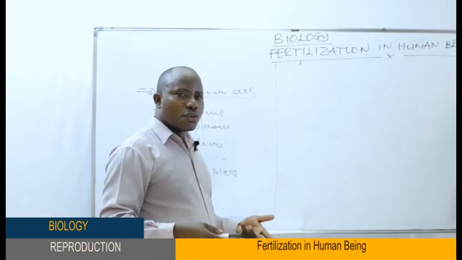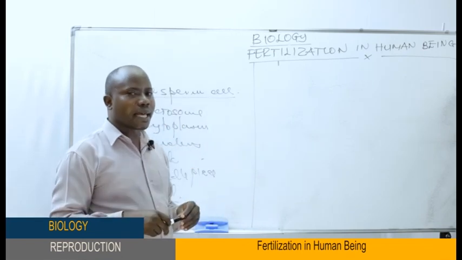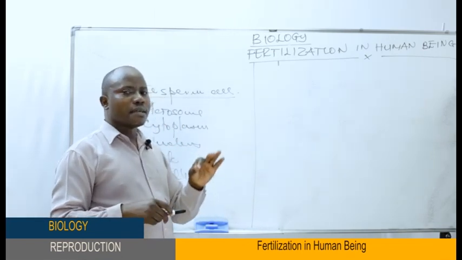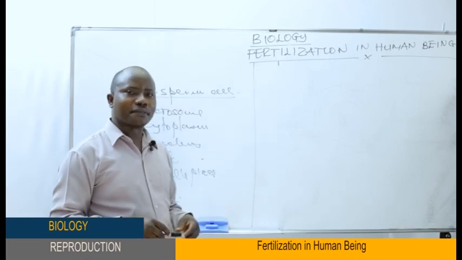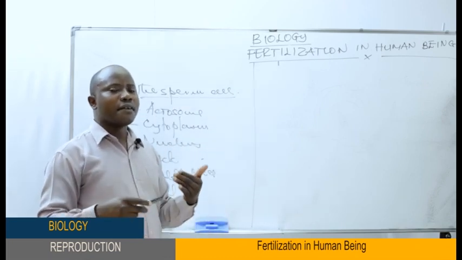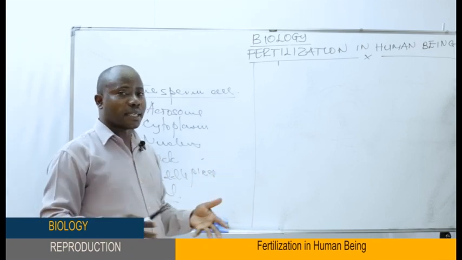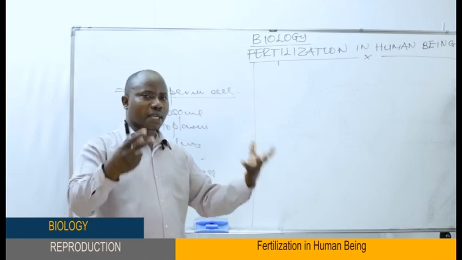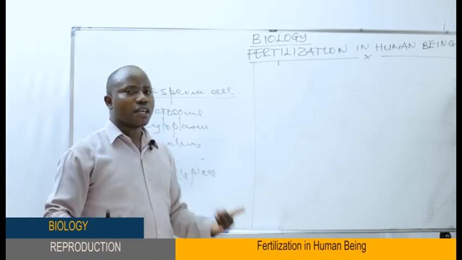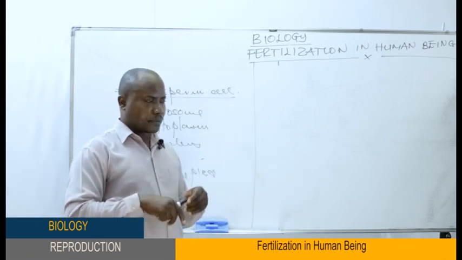But also, you can be asked to explain how the male reproductive cell is adapted for its function. Or you can be asked to explain how the female reproductive cell is adapted for its function. It means in order to respond to various questions like that, you'll have to know the important structures the reproductive cell consists and how they perform their work.